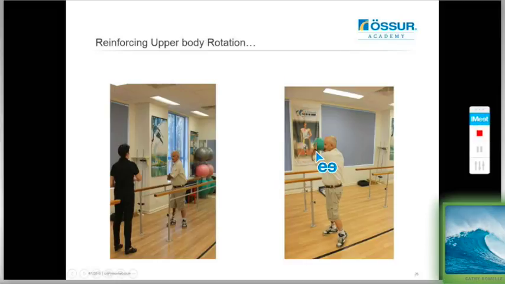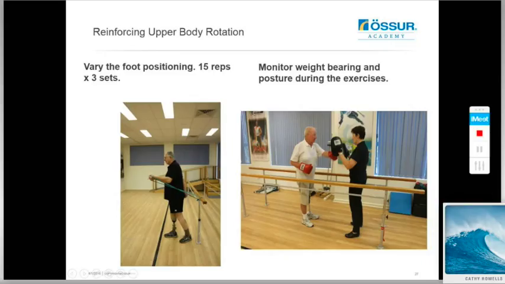We can use a medicine ball and do rotating drills, again, while weight bearing optimally on the prosthesis. It strengthens the core, strengthens the abdominals, particularly the obliques, which are going to assist us in rotation of the upper body.